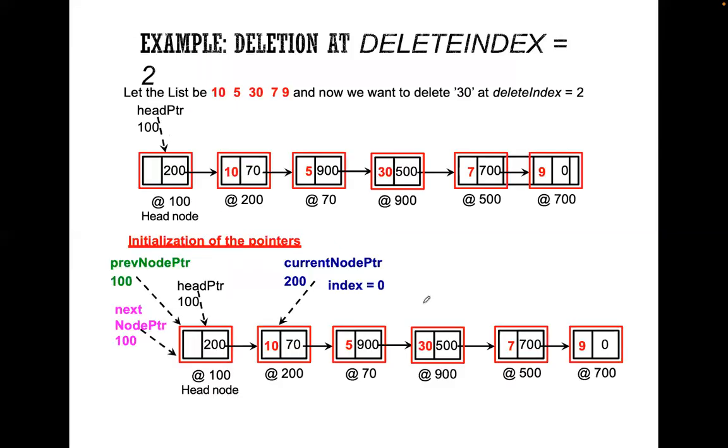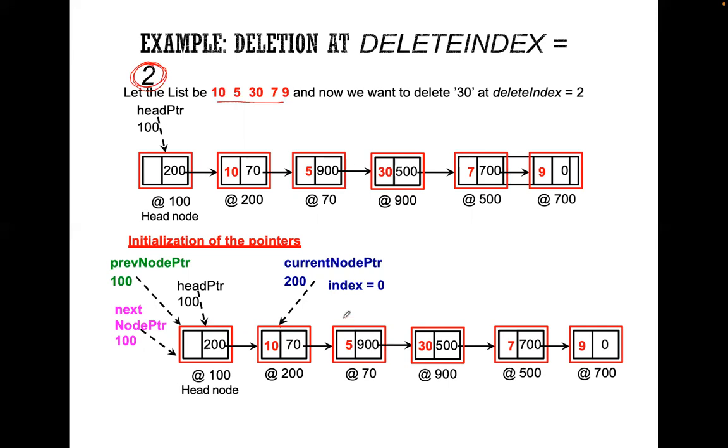So let's see how it will look. We have these values in our list and we want to delete the node at index 2. We're going to maintain a current node pointer that will point to the first value of our list, and previous will start from where the head pointer is pointing.